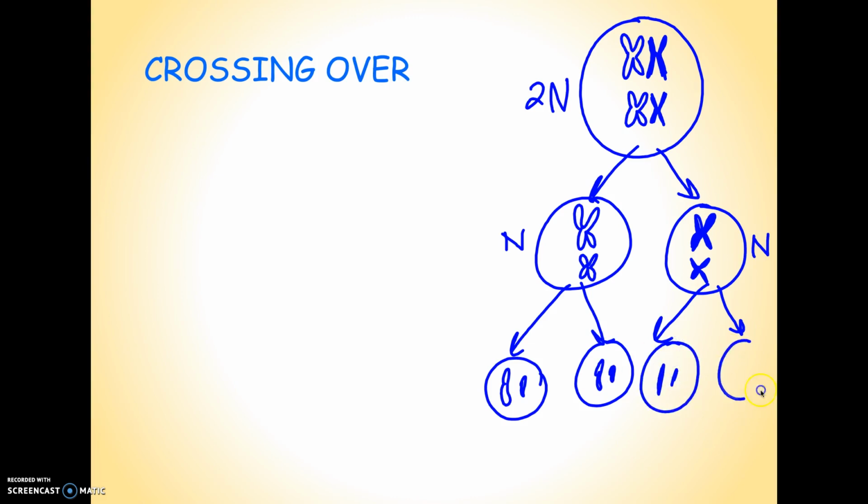Now, yesterday I told you that the number of possible combinations in those 4 cells was 2 to the n, where n is the haploid number or the number of chromosome pairs. But based on the picture here, it doesn't actually look like that's the case, because remember how chromosomes, when they go through S, make an exact copy of themselves, and the two chromatids, the two sides of one chromosome, are identical.